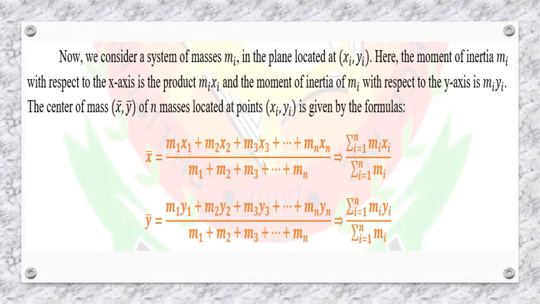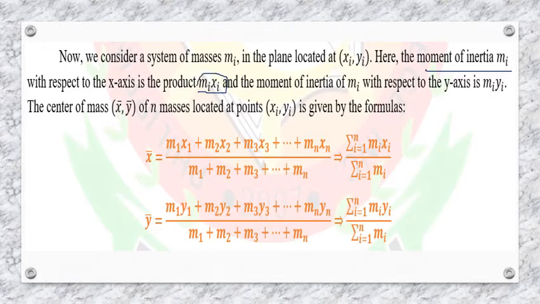Now, we consider a system of masses m sub i in the plane located at x sub i and y sub i. Here, the moment of inertia of m sub i with respect to the x-axis is the product m sub i times x sub i pa rin.